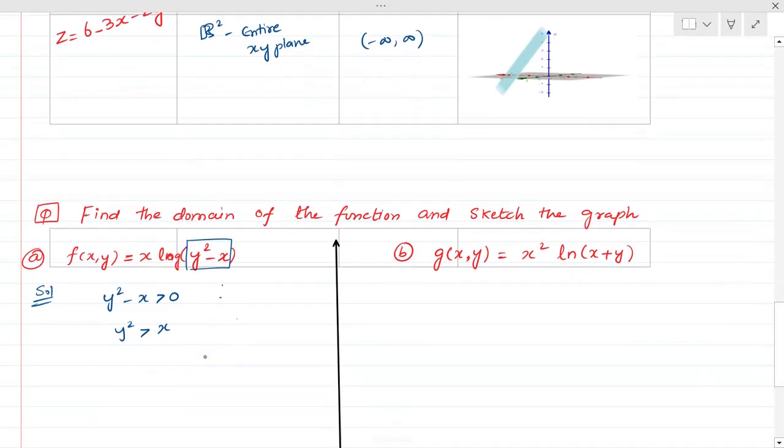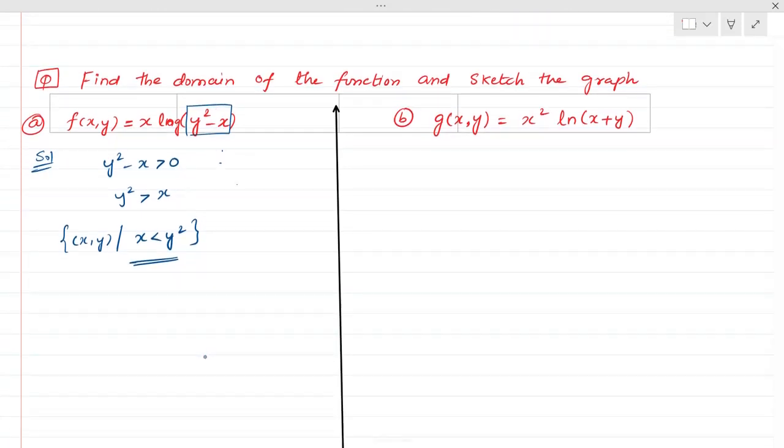So the domain will be (x, y) given x is less than y square. If you write it in the two-dimensional plane, this is the graph for this one. This is the x-axis and y-axis, and it is x equals y square, an open curve on the positive side of the x-axis.